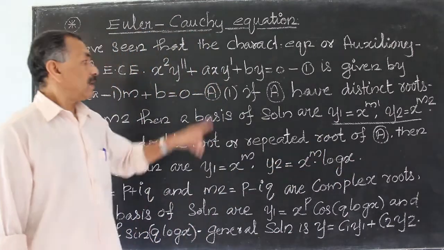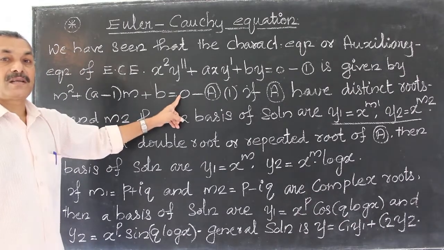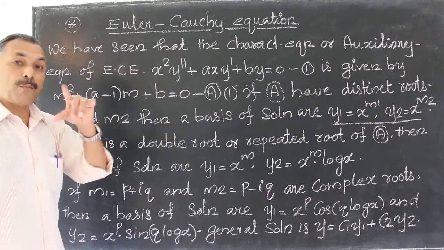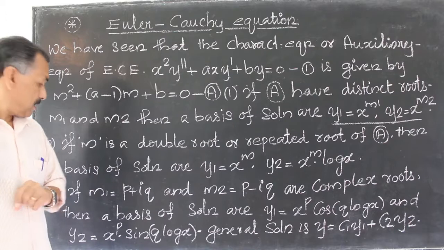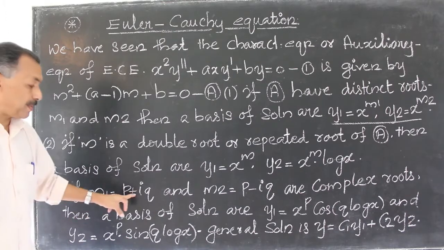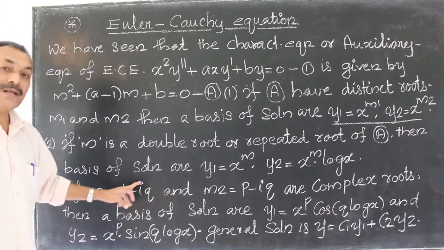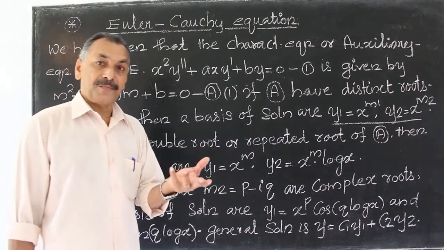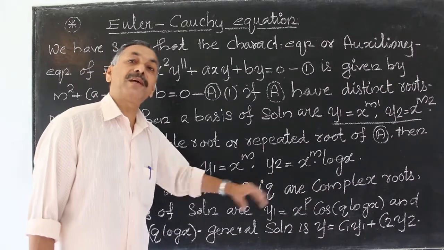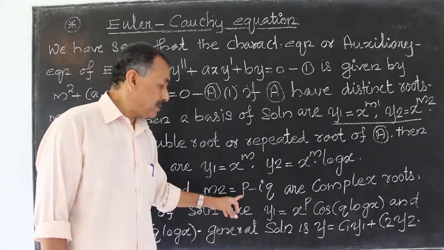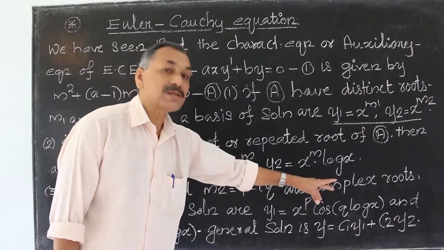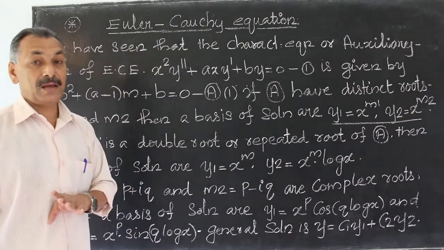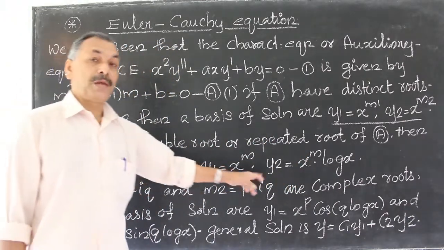Then next, the roots of the characteristic equation are complex conjugates. Let m1 is equal to p plus iq, where p is the real part and q is the imaginary part, and m2 is equal to its conjugate, p minus iq.